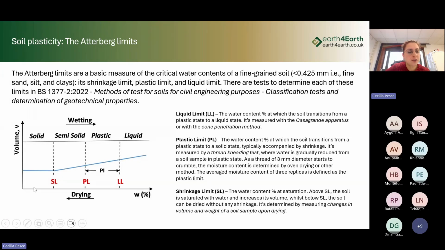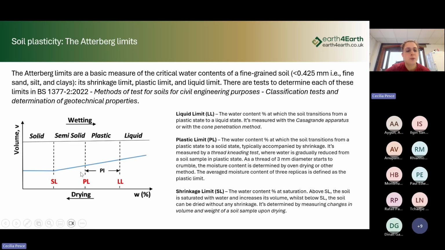When the soil is completely dry, it is of course in a solid state, but we can increase its moisture slightly and the volume won't change. This means that the soil is still not saturated, and then it will reach what is called its shrinkage limit. Here the soil is saturated with water, and as we add more water, the soil will start swelling and increasing in volume.